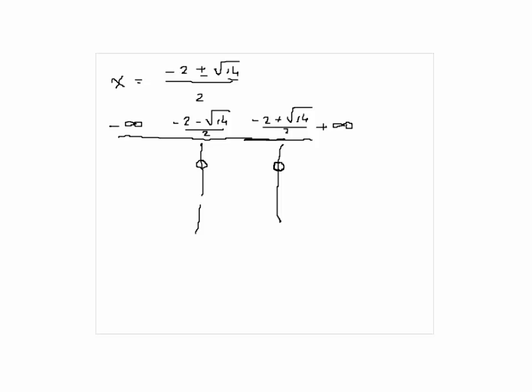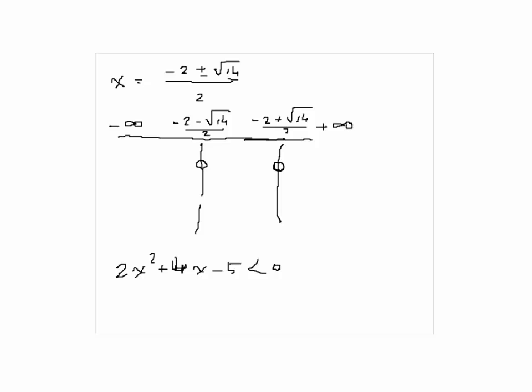How can we find it? Let me write the original problem here, which is 2x squared plus 4x minus 5 less than 0. If I plug in negative infinity for x, you see that 2x squared, because it's x squared, changes any negative number to a positive number.